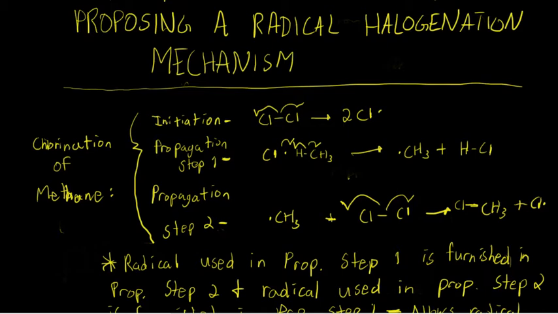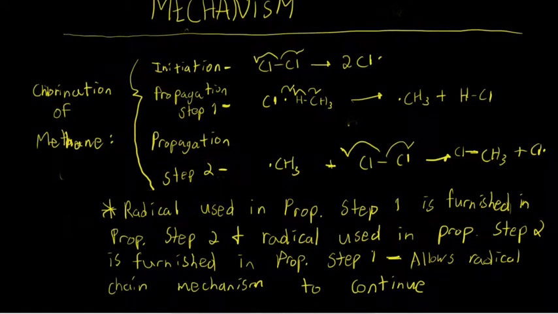Okay, so in a prior video we have gone over the radical chlorination mechanism for chlorination of methane. And if you remember, first the chlorine radical must be furnished, and this usually requires an input of UV light or heat.